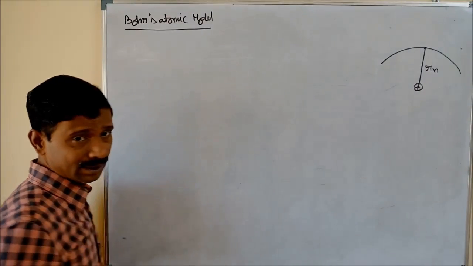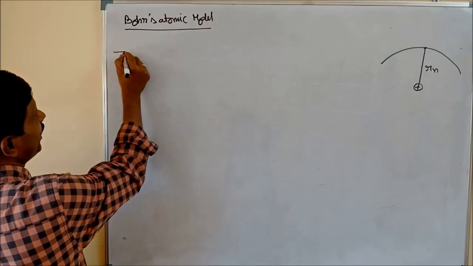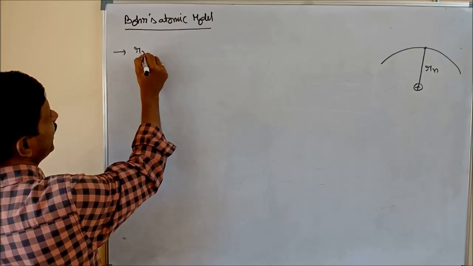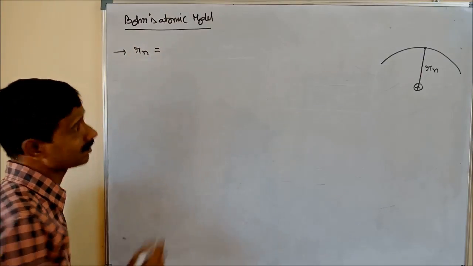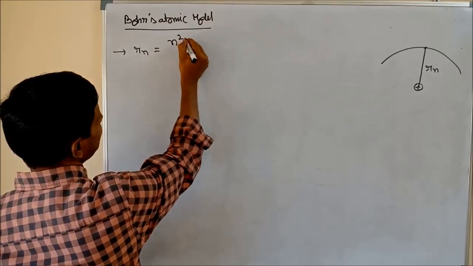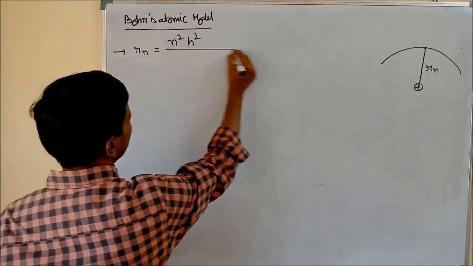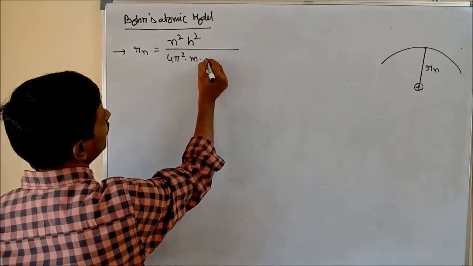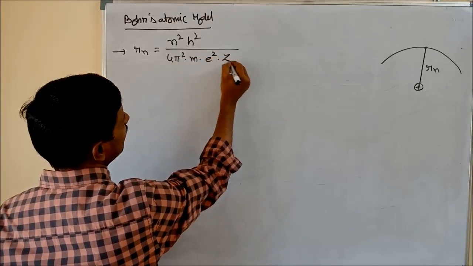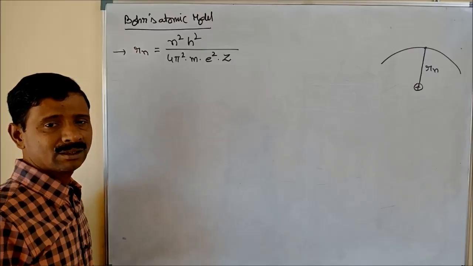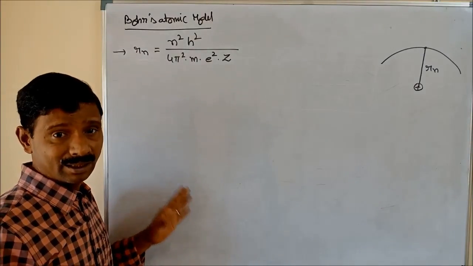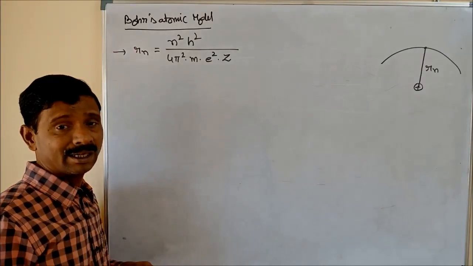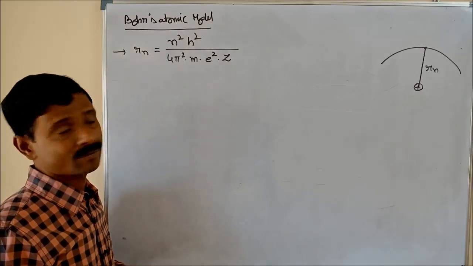Of course, he proposed one equation. The general expression to find the radius of the nth orbit is n square h square by 4 pi square into m into e square into z. You should know the general expression also. Of course, we are considering CGS units.